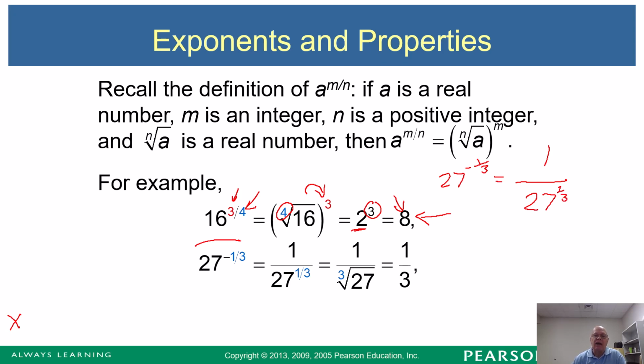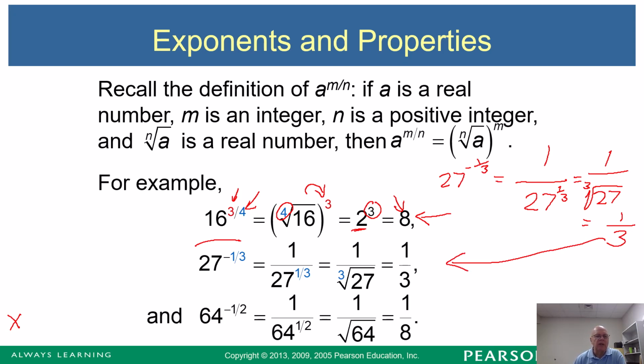So in the exponent, the numerator means we're going to take 27 to the 1st power. I guess we can ignore that, can't we? But we have to take the 3rd root. So 27's in the denominator, and we're going to take the cube root of 27, which is 3. So 1/3 is your answer for this one. That's how we get it.